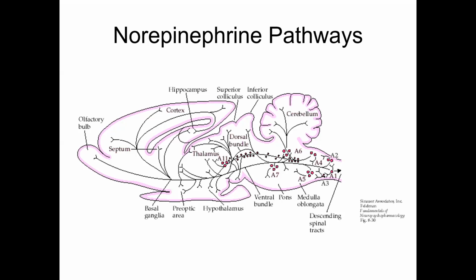And so it became very interesting that when one looked at the subcoeruleus and A6, destruction of the subcoeruleus and the A6 neurons could actually take an animal that was asleep and in rapid eye movement sleep. One of the things that goes along with rapid eye movement sleep is what?